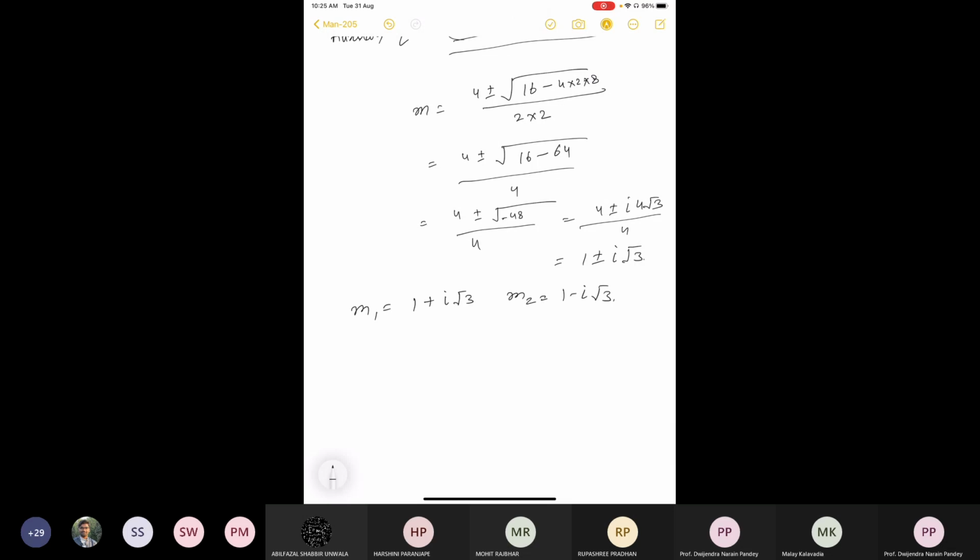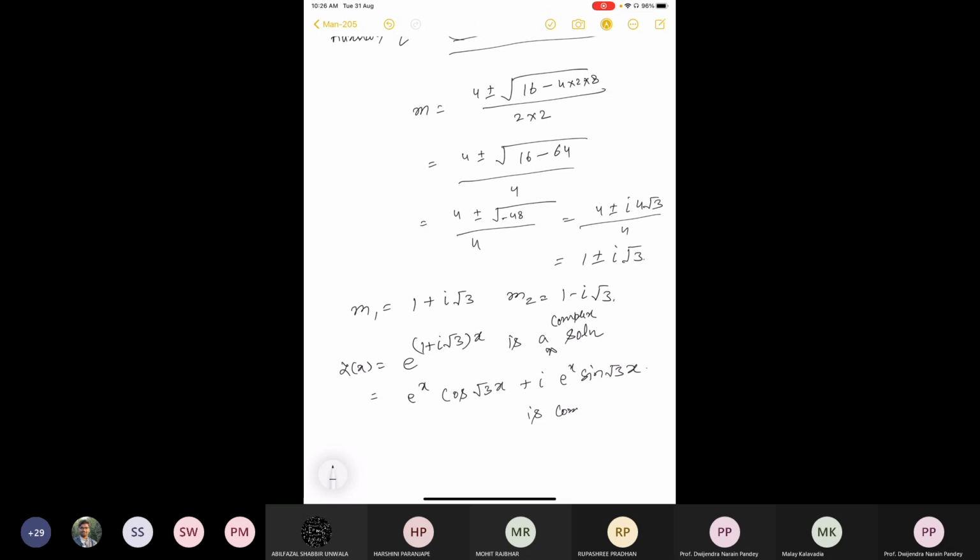So this implies that y(x) equal to e to the power (1 plus i root 3)x is a solution. It means that you can write it as e to the power x cos of root 3x plus i e to the power x sine of root 3x, which is a complex solution.